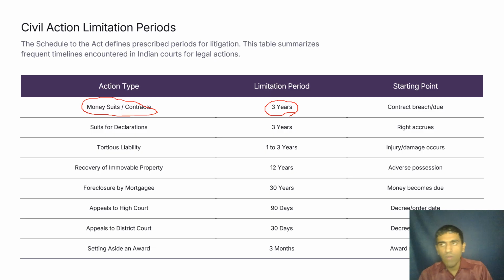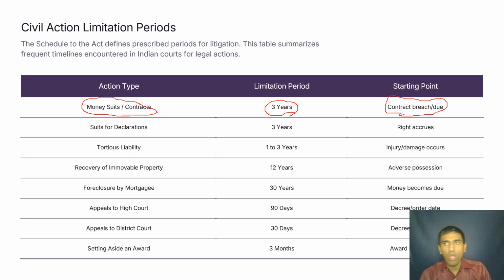So, 3 years. What is the starting point? When does the limitation period start? It starts from the day you entered into a contract with the other party and the other party ended up violating that contract or causing a breach of it: the date when the breach occurred, or the date when you came to know about the breach.